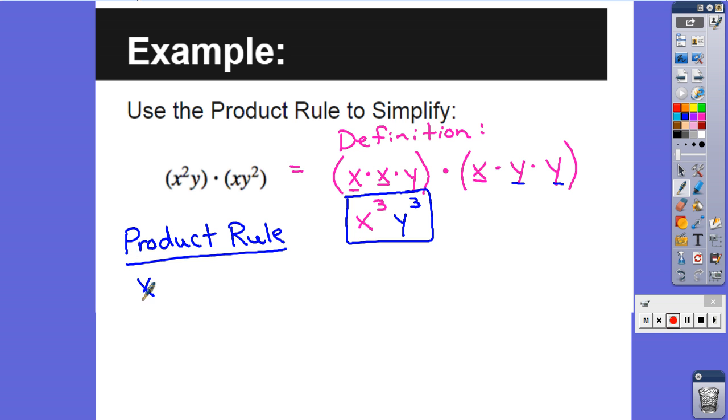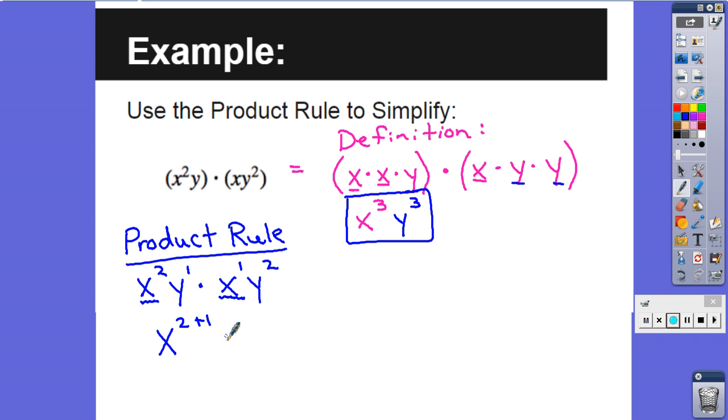So I'm just going to rewrite the problem, x squared y times x y squared. And one thing that I don't know if we've talked about yet, but if there is not an exponent listed, like here, there's no exponent listed for x, it's just a 1. And so when I look here, my product rule says take my like pieces, so in this case, my x's, and I can add those exponents, 2 plus 1.